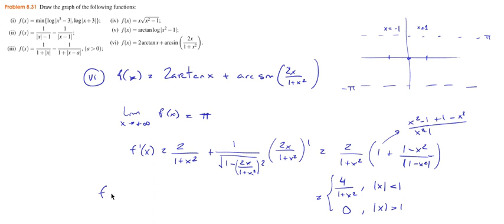So what happens at that point, the discontinuity at 1? f at 1 is 2 times the arctangent of 1, which is pi over 4, times 2, so pi over 2. And when the argument is 1, this is 2 divided by 2, so 1, and the arcsine of 1 is pi over 2 again. So this is pi. So at 1 you reach the asymptote, and then the function is constant after that.